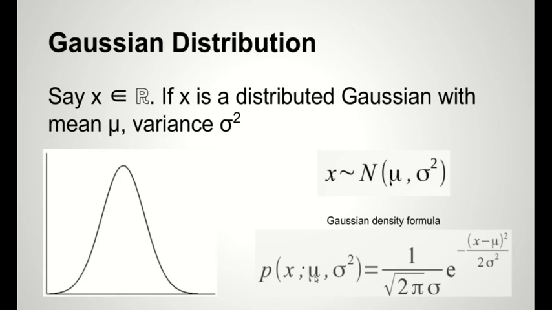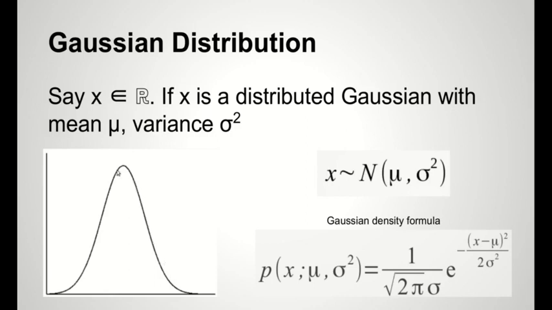The Gaussian distribution curve, as I said, has the parameters mean and variance. These are examples of normal distribution, and in red we can see the standard normal curve, which has mean 0 and variance equal to 1.